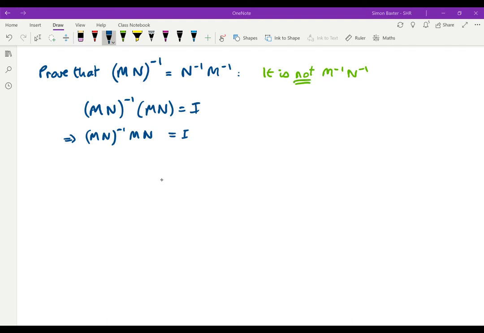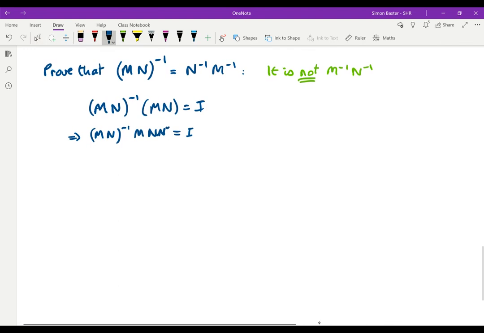We cannot swap the order around. If I decide to multiply on the right-hand side here, I should multiply on the right-hand side here. In this case, it doesn't actually make any difference, but it's good to be in the right habit. So what I'm going to do is to multiply both sides on the right by N inverse.